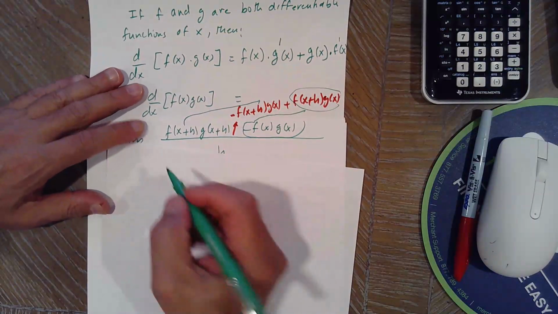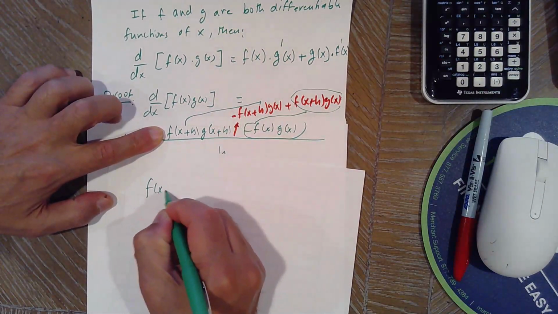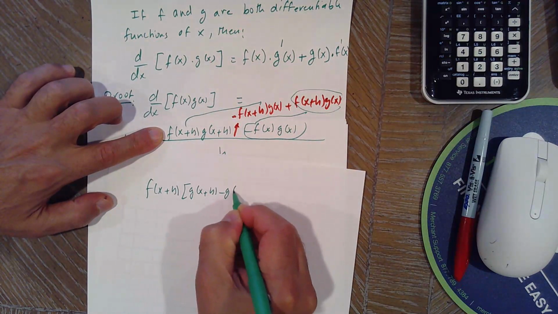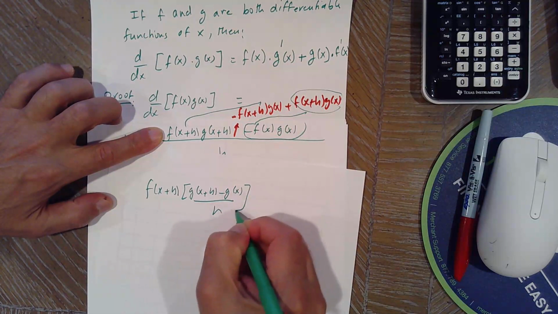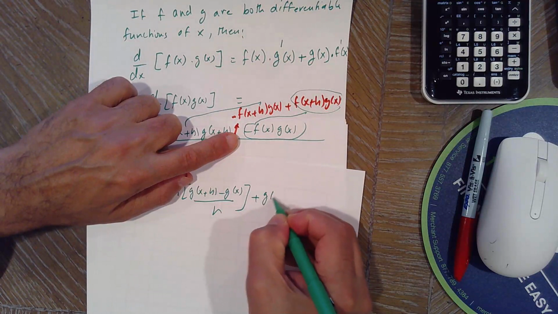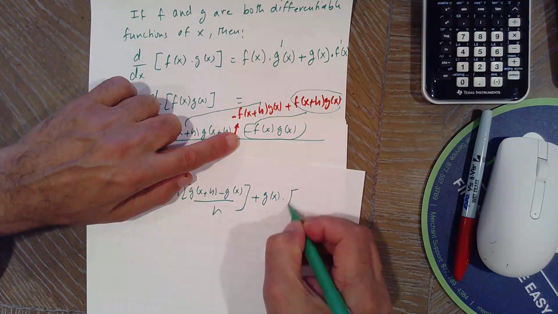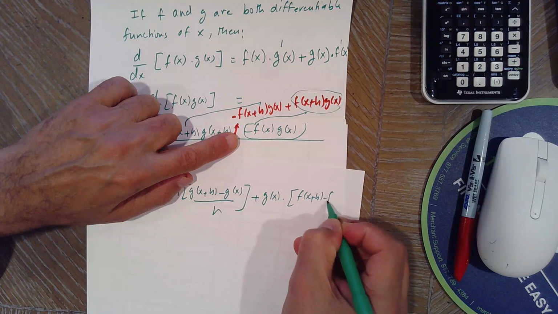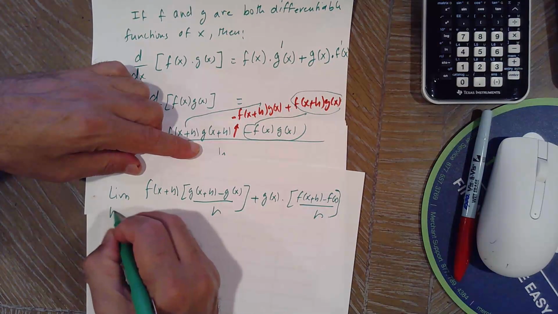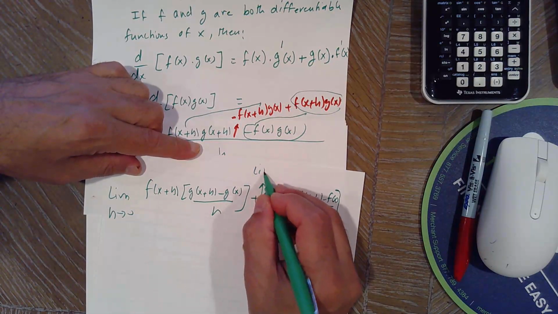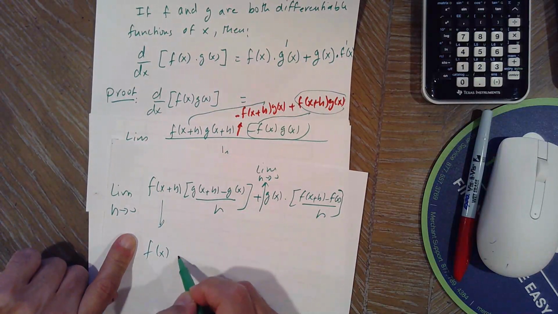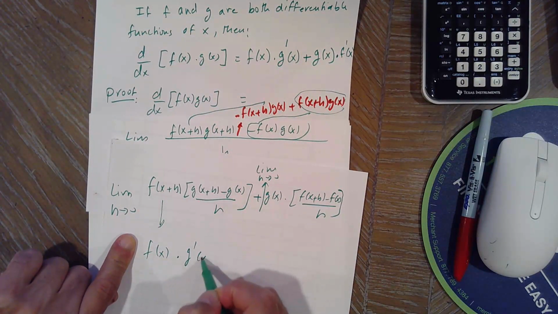We're going to factor out f of x plus h from the first group, and then it will be g of x plus h minus g of x all over h, plus here we can pull out g of x, and then f of x plus h minus f of x all over h. Now if we do the limit as h goes to 0, this would be f of x, and that's derivative of g, as we know.